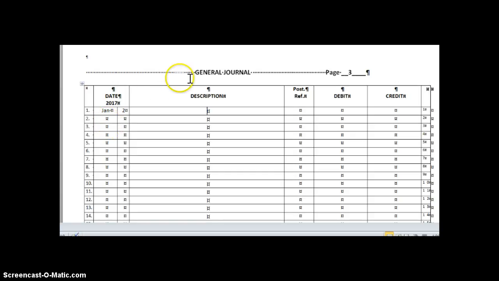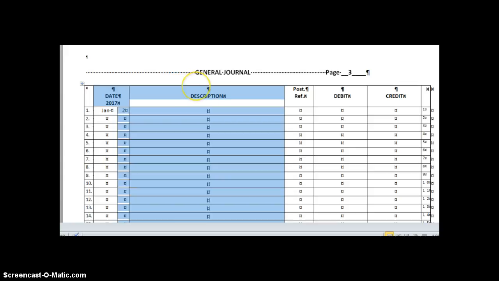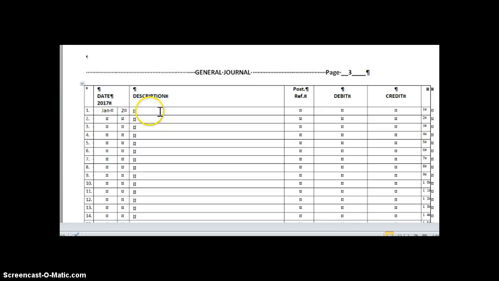Now you're going to have to do some formatting on this because it needs to be flush with the left margin. Okay, so your first transaction is you purchase supplies. So you enter supplies as your asset account. You're going to debit supplies for $6,000.